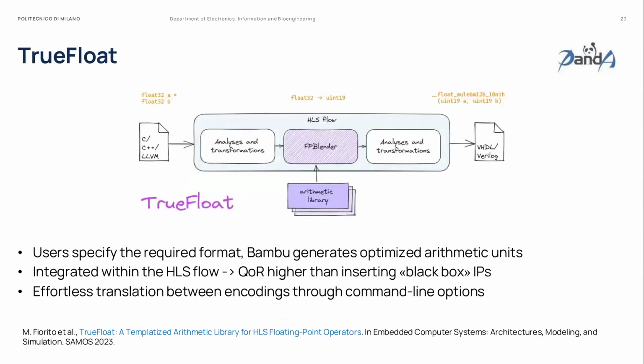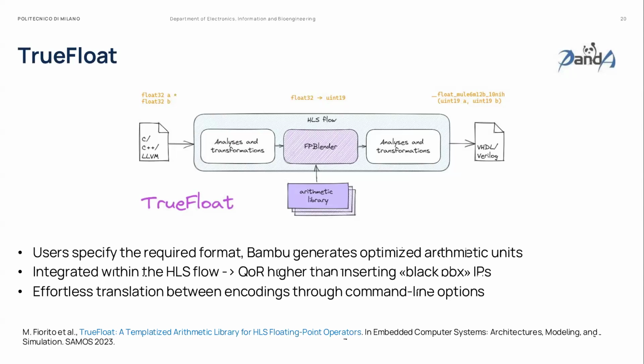So right now, this is how TrueFloat works. The users specify the required format. For each function in my specification, I say how many bits I want for the exponent, how many for the mantissa, and if I want any more fancy customization on this format. Bambu takes this specification and generates optimized arithmetic units for that.